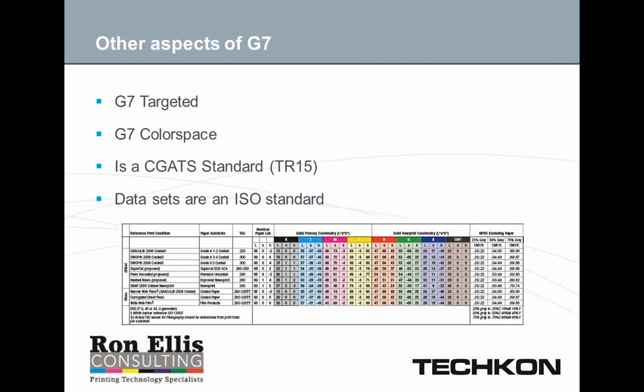And the math behind G7 in that document is complicated, but to actually implement G7 is not very hard. If we look at other parts of G7, there are 7 new data sets that were released, new Grackle, new SWAP profiles, and these are all released as a national standard in the U.S. and finally as an ISO standard.